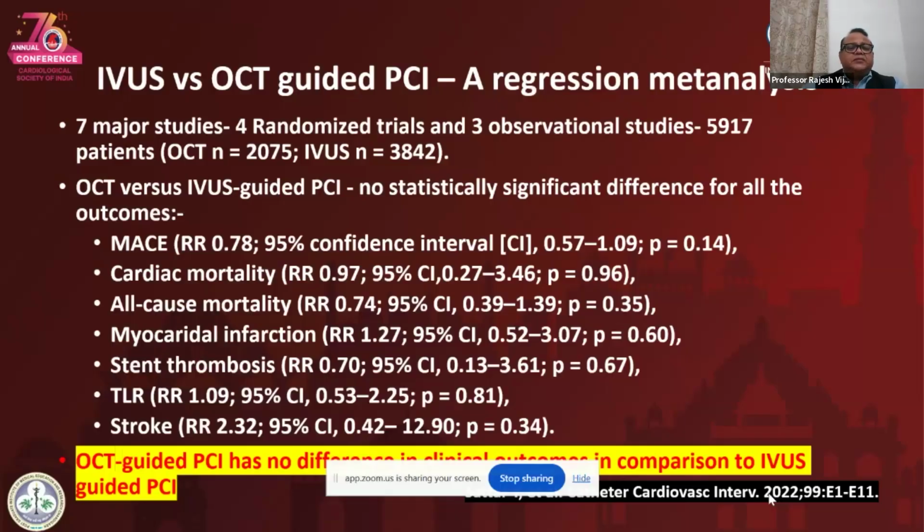This particular study is a meta-analysis of seven major studies, four randomized and three observational, which include OCT in 2,000 patients and IVUS in 3,800 patients. What's been found is that with OCT guided PCI there is no statistically significant difference for all these outcomes, which include MACE, cardiac mortality, all-cause mortality, myocardial infarction, stent thrombosis, target lesion revascularization, and also stroke.